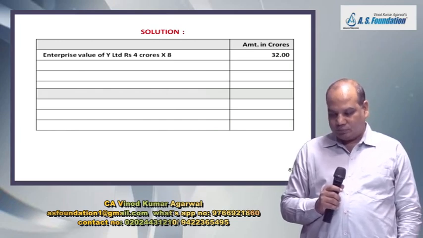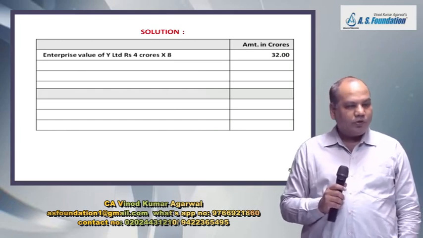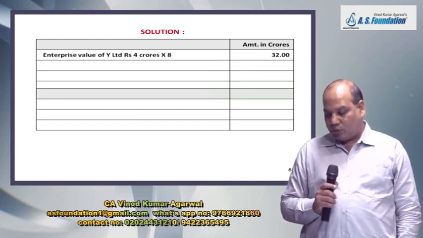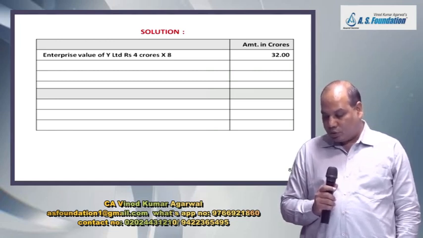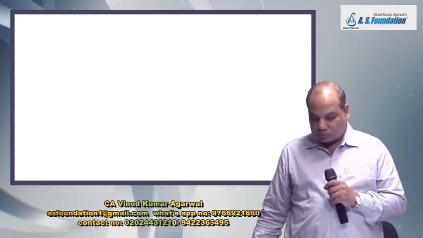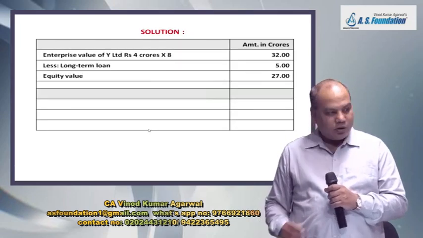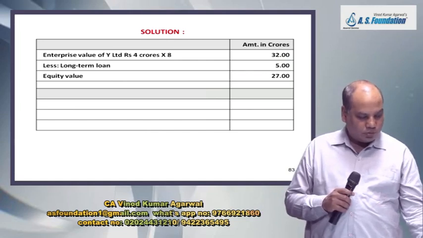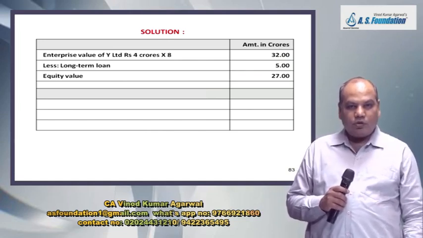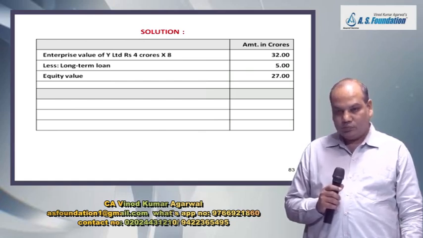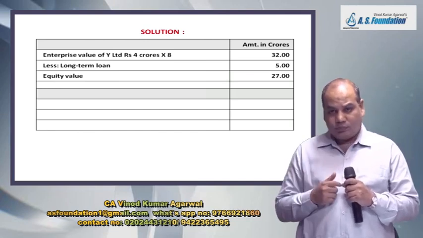Point A, enterprise value of Y Limited, 4 crore rupees into 8. Is it 32 crore? Then point B, less long-term loan 5. Therefore equity value 27.